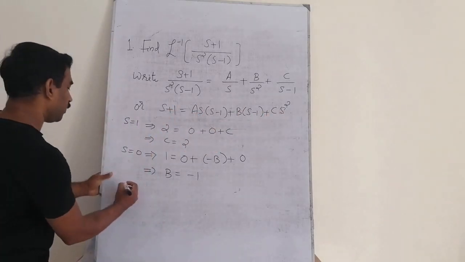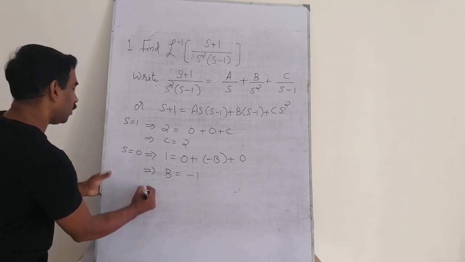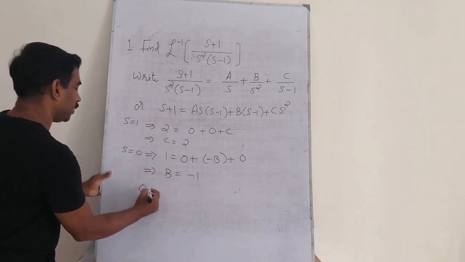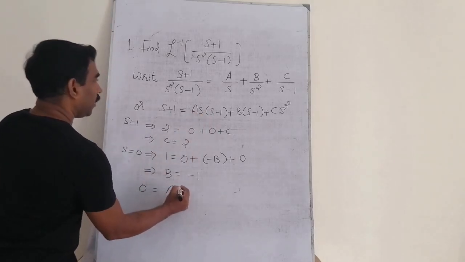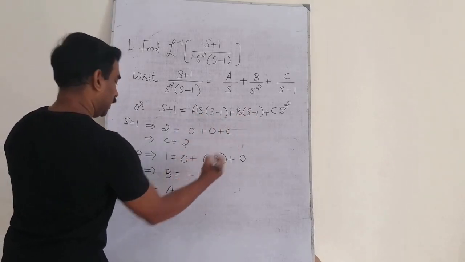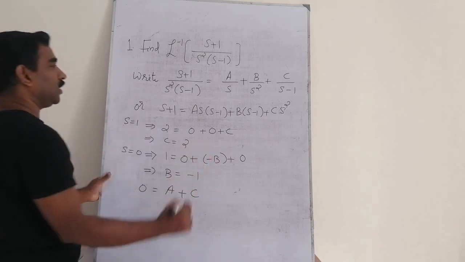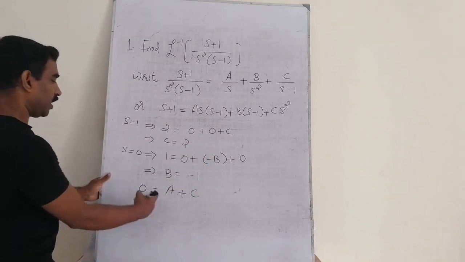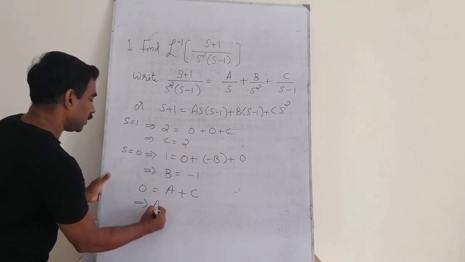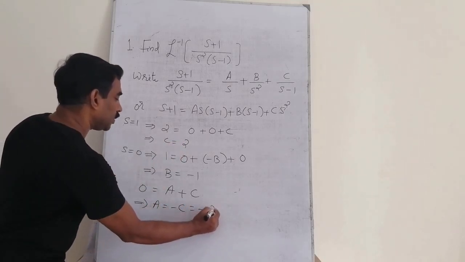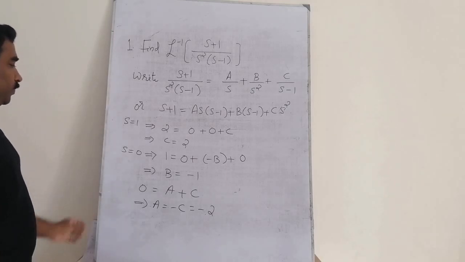We have no s^2 on the left side, so this is equal to 0. On the right we have A from the first term, and the coefficient of s^2 in the third term is C. So A + C = 0. We know the value of C, so that implies A = -C, that is -2.